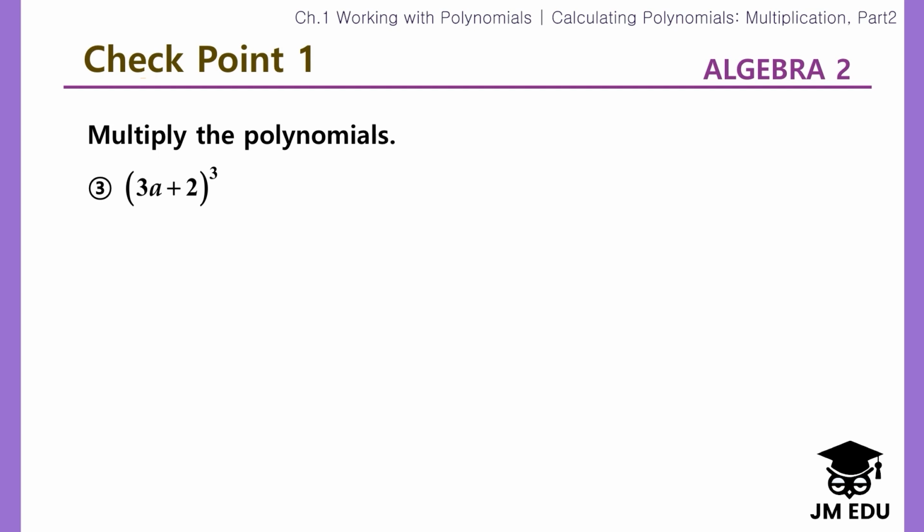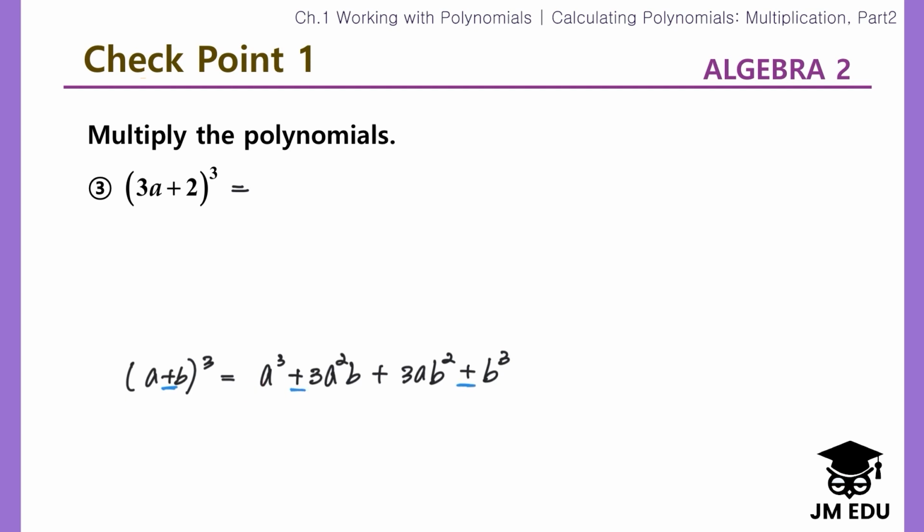Number 3, we have a binomial cube. If we have a binomial a plus b cube, that is equal to a cube plus 3a squared b plus 3ab squared plus b cube. If this is minus, then that's going to be plus minus plus minus.